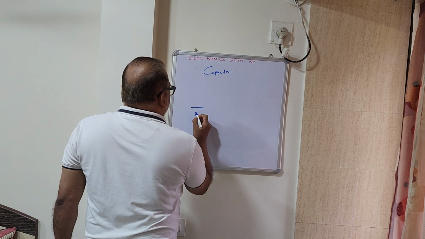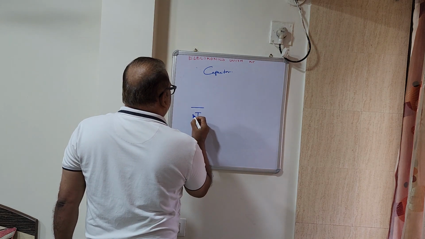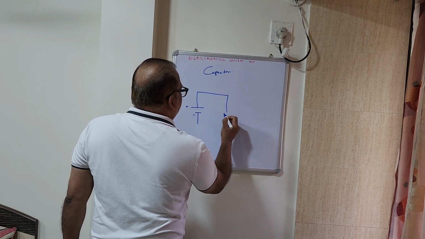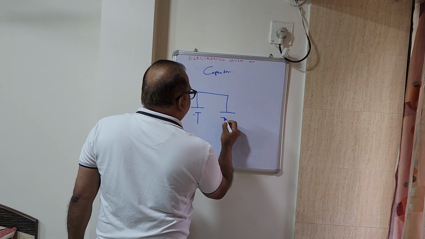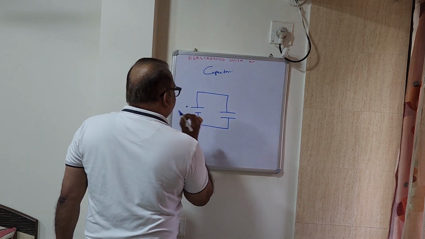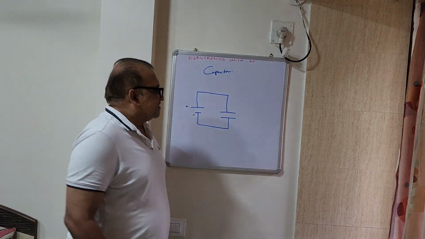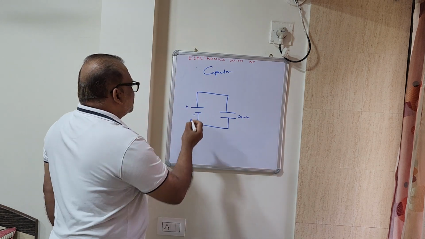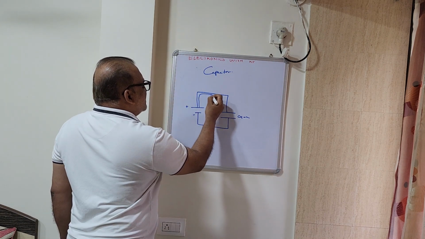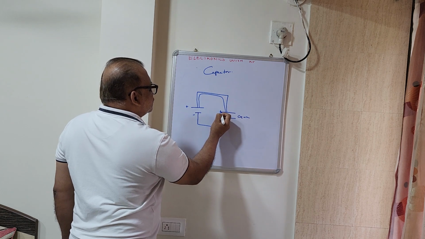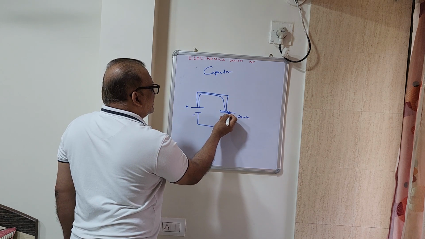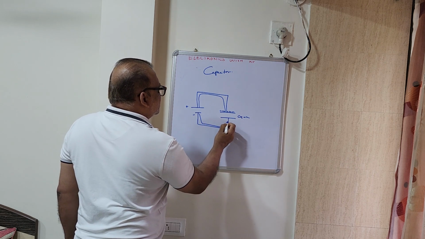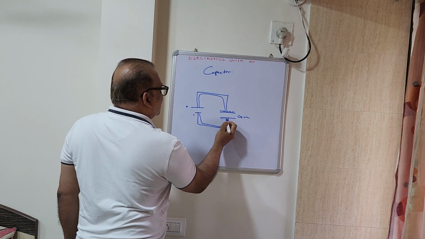So if I have a battery, and this is the capacitor, the positive charge from the positive terminal of the battery gets stored here, and the negative charge, that is electrons, from the negative terminal gets stored over here.